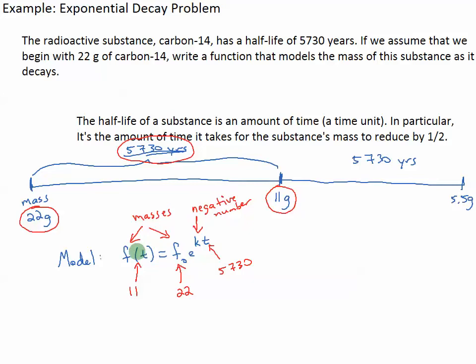F of t is a mass after a certain period of time, t, which in this case is 5,730. So let's plug all of those things in, and we'll determine the unknown constant here, k, and then we can write our model back out with f sub 0 and k put in, with the true variables being t and f of t in this particular function.